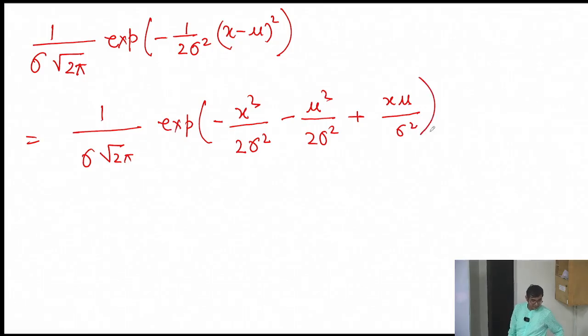So you can see that there is this mu square by 2 sigma square that is independent of x. So that term we can take outside. Not because it is independent of x we can take it outside, but we will take it outside.